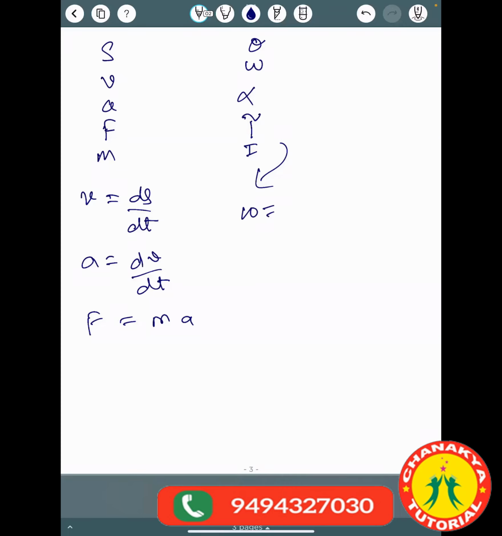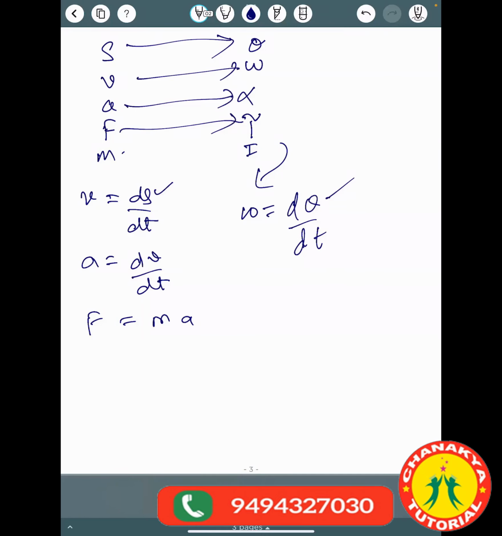So omega is equal to d theta by dt, right? So what we did, we replaced s by theta. That's it, right? This is the replacement you have to do. So alpha is equal to d omega by dt. F is nothing but torque here.